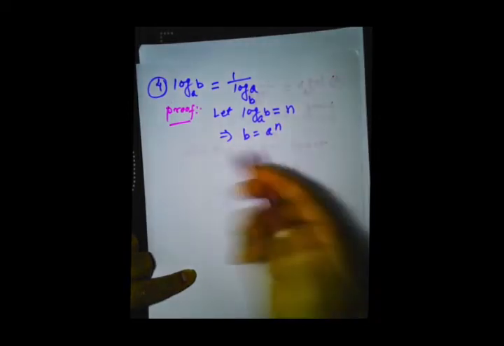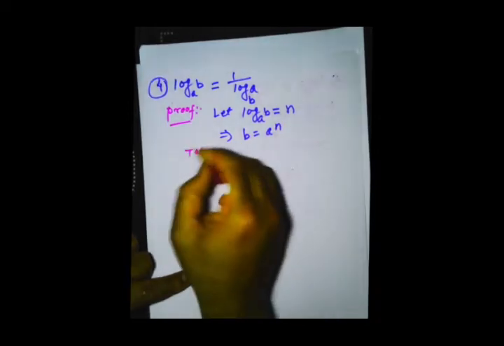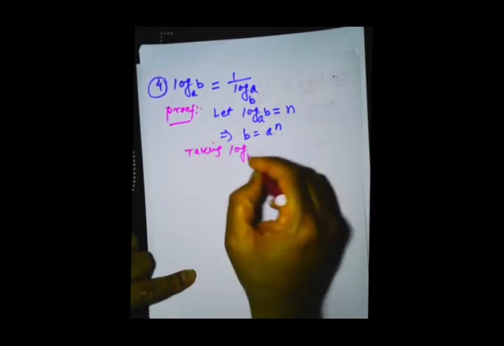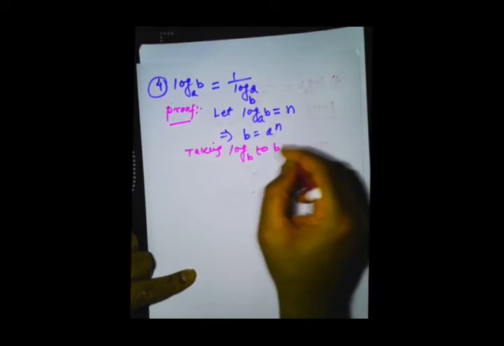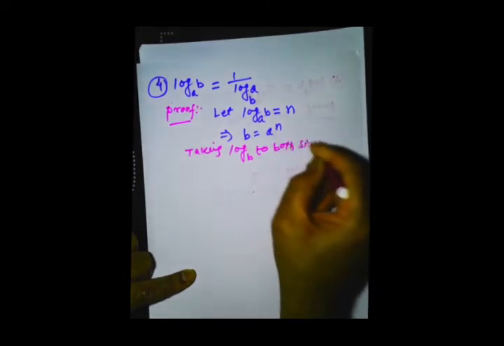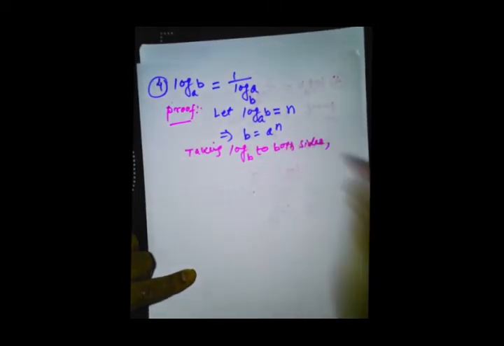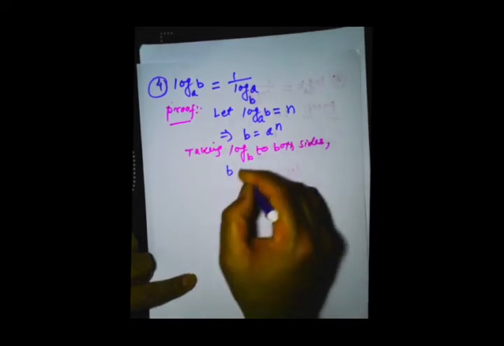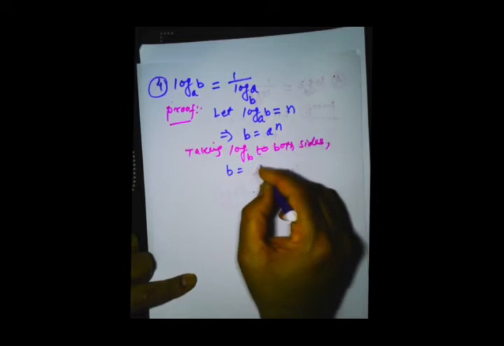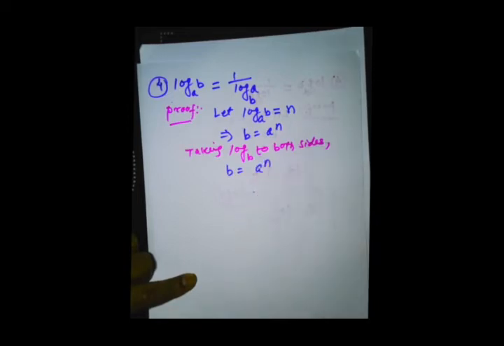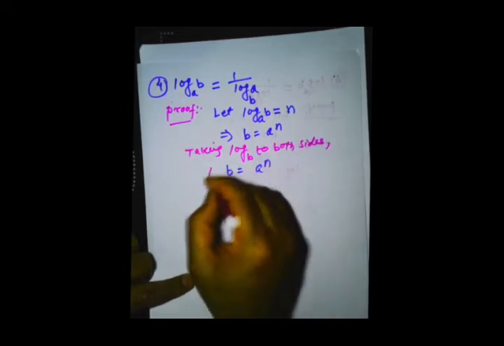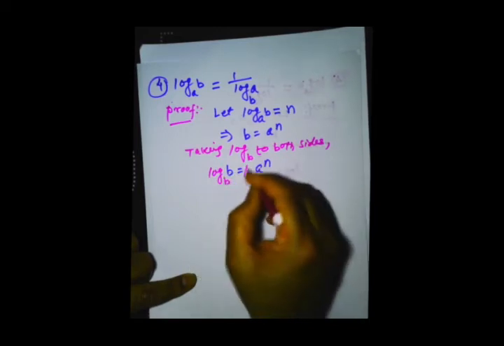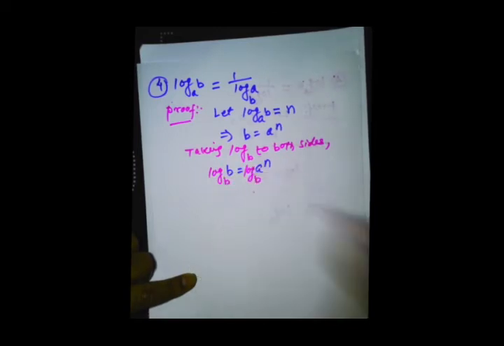Now at this point I'm taking log to base b of both sides. So b equals a to the power n, and as mentioned here, you put log base b here, and here also log base b.